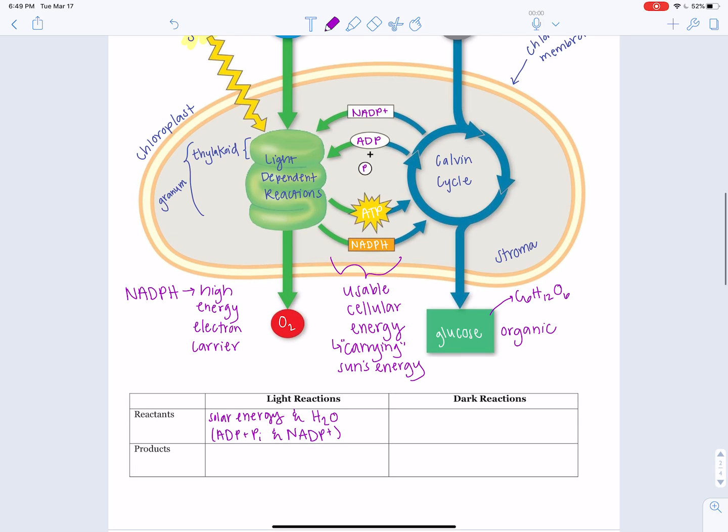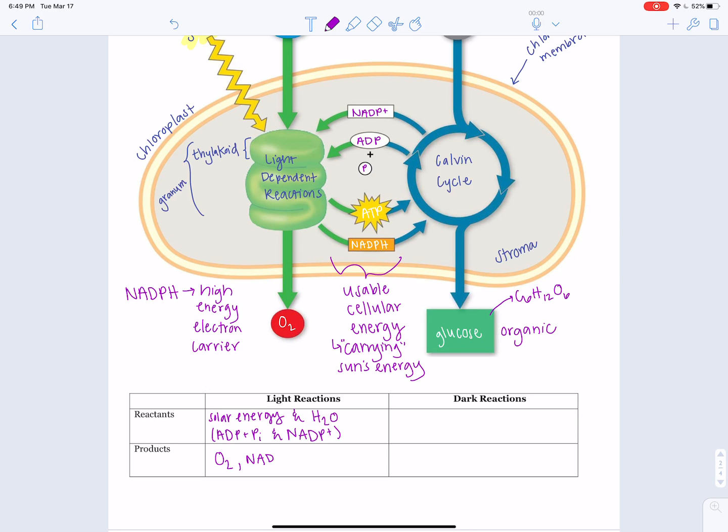Similarly, the light reactions' products will be oxygen, which will be released from the chloroplast, and maybe it'll be used in the mitochondria, but the plant produces a bunch of oxygen, so some of it will be given to us.